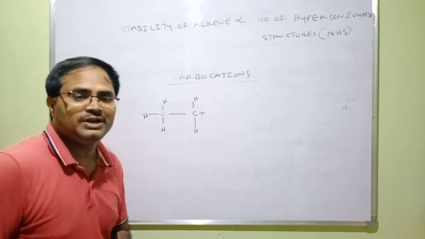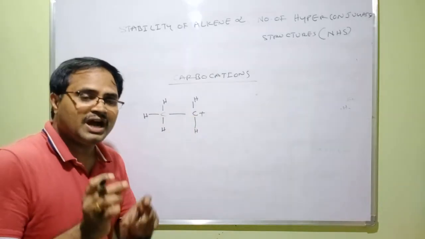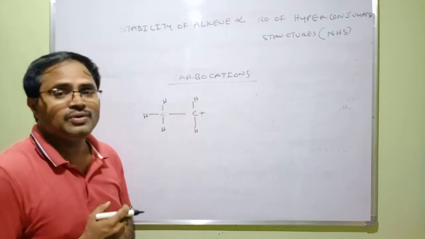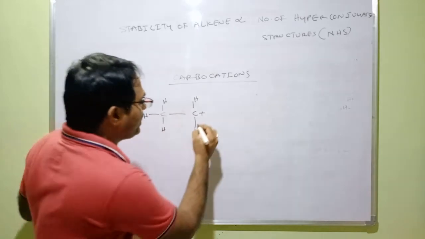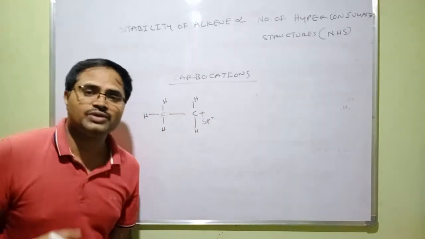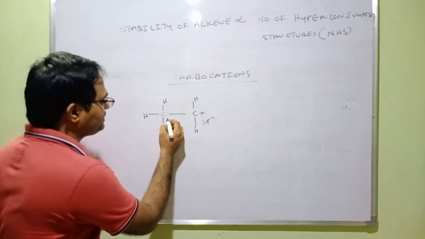Again, we have to go back to the definition. You should have an sp2 carbon. Do you have an sp2 carbon or not? A positively charged carbon is always an sp2 carbon. So this is the sp2 carbon. And beside the sp2 carbon, you should have an sp3 carbon. The sp3 carbon is there. This is sp3.